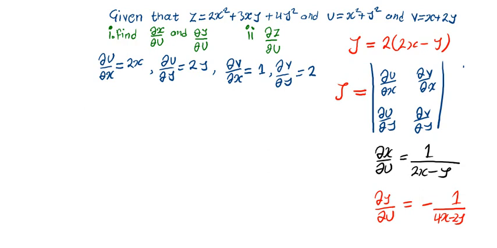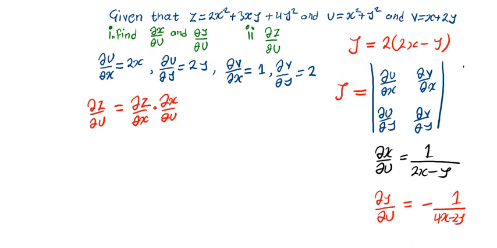Then the question further says, hence or otherwise find partial of z with respect to u. So our partial of z with respect to u is just going to be partial of z with respect to x multiplied by partial of x with respect to u, which is what we have there.